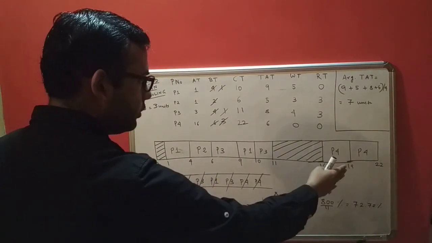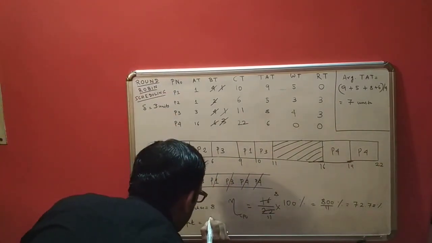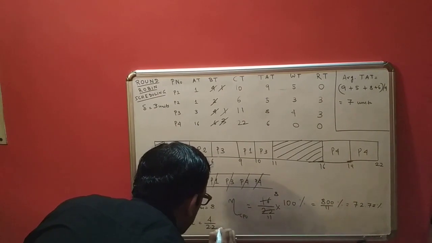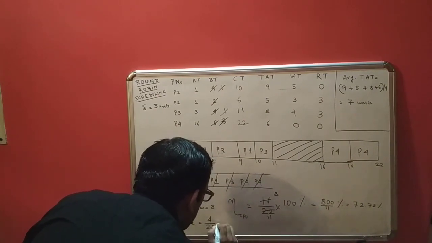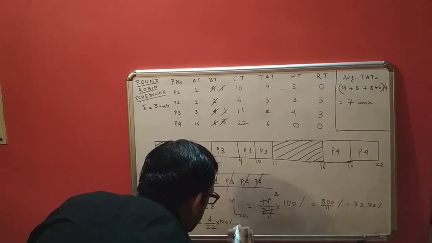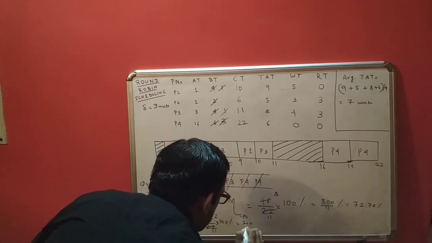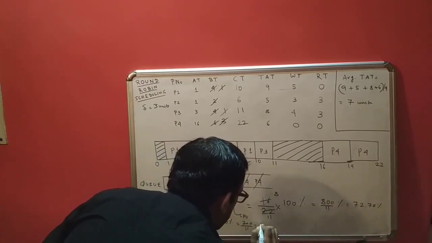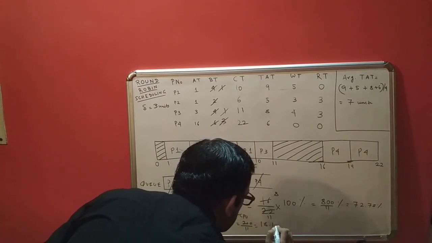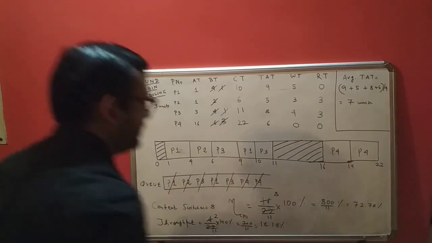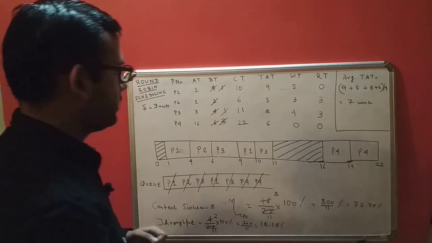And what is the total time unit? 22 units. So the throughput will be 4 divided by 22. And throughput is also generally expressed in percentage, so into 100. So you will get 200 by 11, which comes to around 18.18%. So I hope this helps.